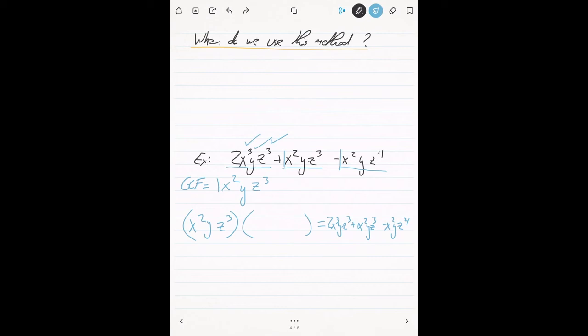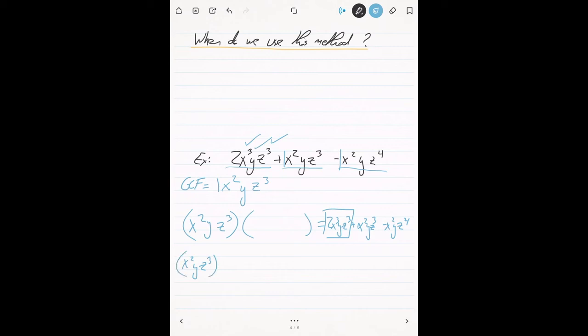Well, as you work through this, hopefully you're noticing that this is really just the process of distribution in reverse. We're saying we took this GCF and we've multiplied it by some quantity to get these 3 quantities. So what could that be? Well, let's start with the first one. Let's start with the x cubed, the y, and the z cubed.